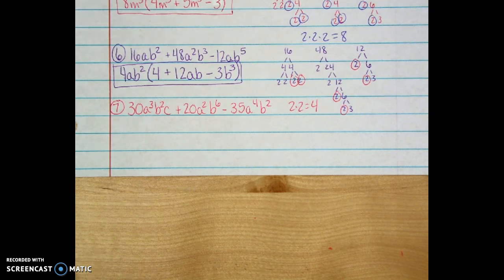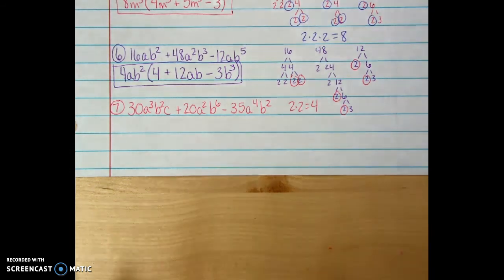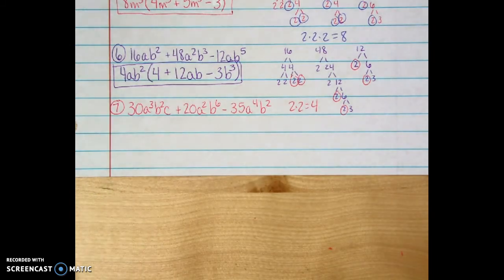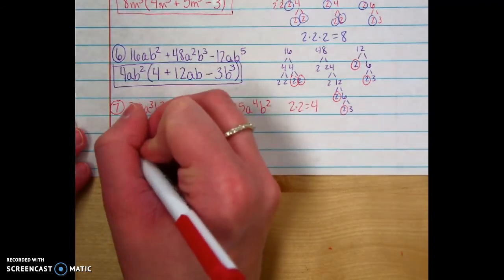Okay, so all of those numbers end in a 0 or a 5, meaning they are divisible by 5. That is the GCF in this case, but if you are not sure about that, you need to do a factor tree. I just don't have the space for it. So 5 is part of the GCF.